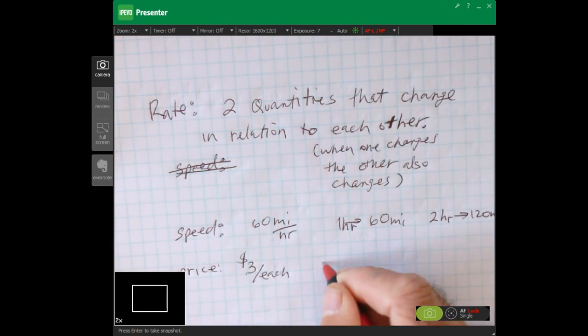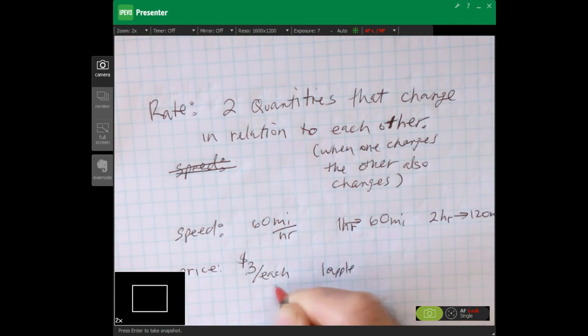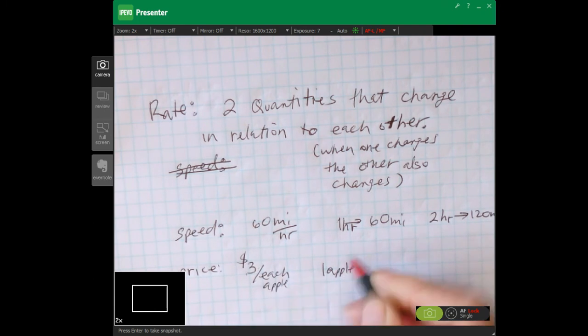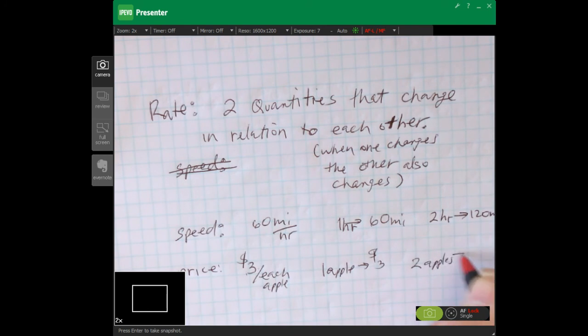So if you buy one apple, it costs $3. 2 apples cost $6, etc. So that's what a rate is. It's when one changes with respect to the other.